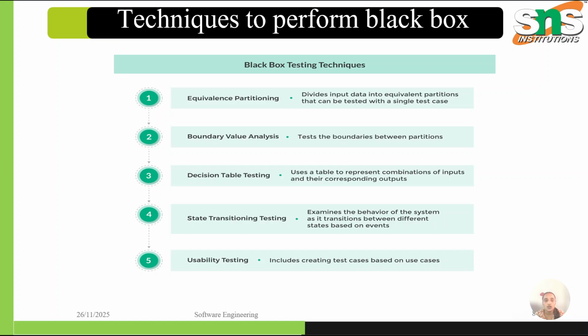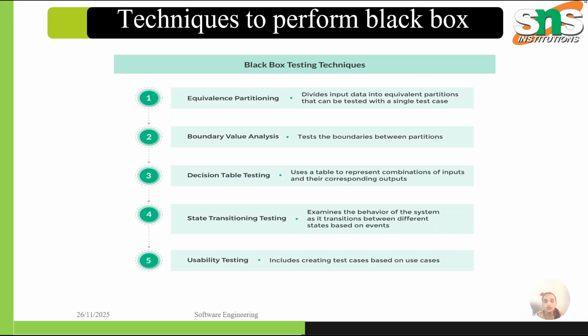The next one is what are the techniques we have to perform using black box testing. There are five categories of black box testing techniques. The first one is equivalence partitioning. Equivalence partitioning is nothing but it will divide the input data.